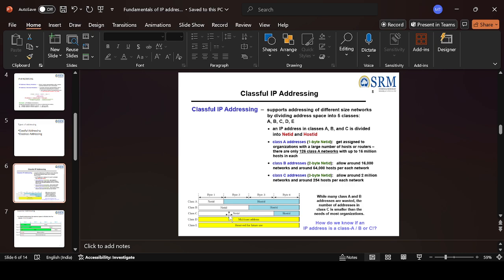In class C, the first three octets indicate the net ID and the last octet indicates the host ID. But in class D and class E, there are no segregations, because class D is mainly assigned for multicasting and class E is reserved for future use.